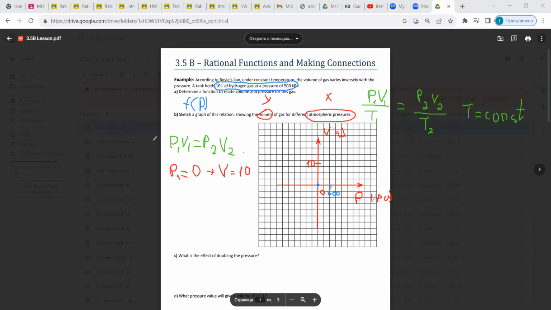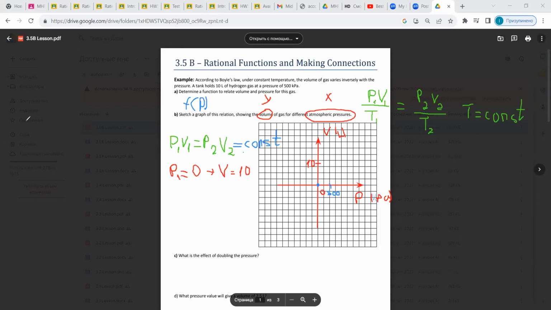So we have to show that P times V is always a constant value. P and V can change their values, but P times V is always constant.